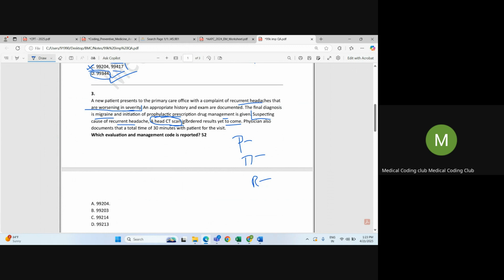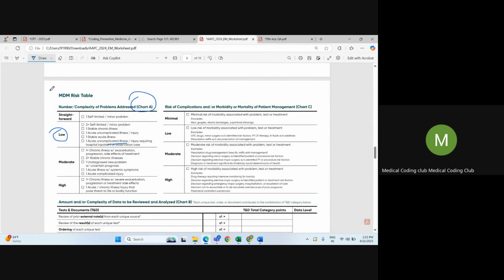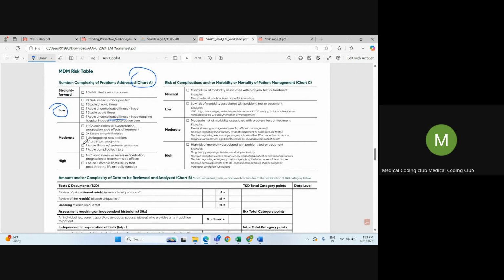Based on this statement, you have to check what your problem level is. The problem level falls in this one: one undiagnosed new problem with uncertain prognosis. Here one condition is undiagnosed. After the CT, they could document intracranial hemorrhage, or anything related to the brain, like a brain tumor.